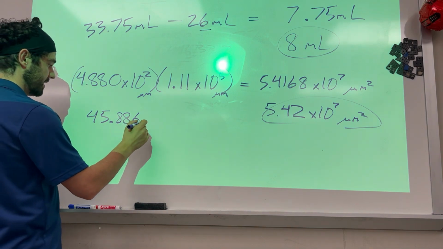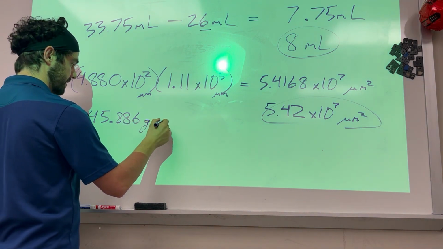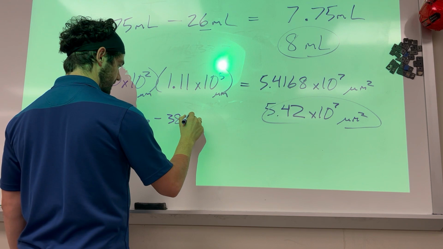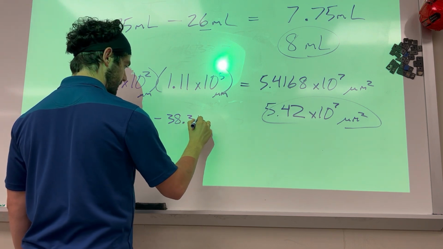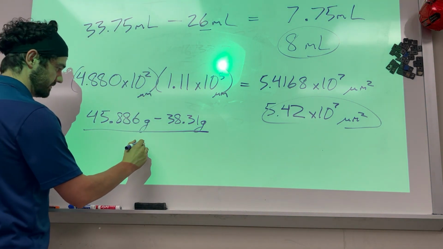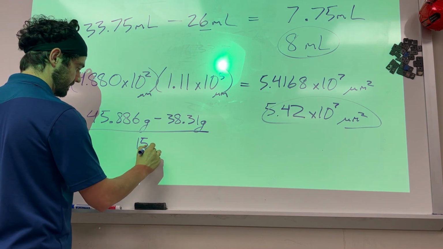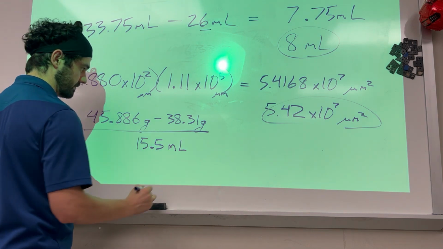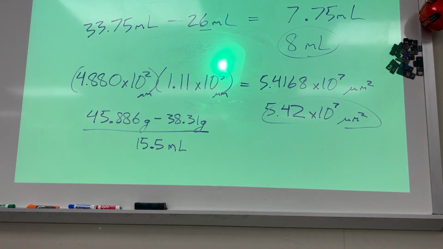We'll pretend this is like density, so we'll do grams minus... Do the first.